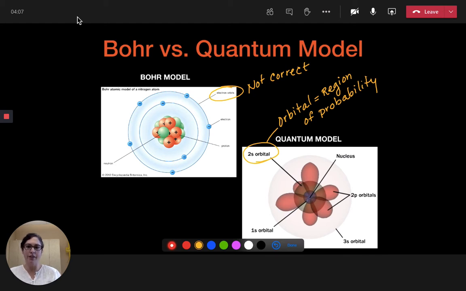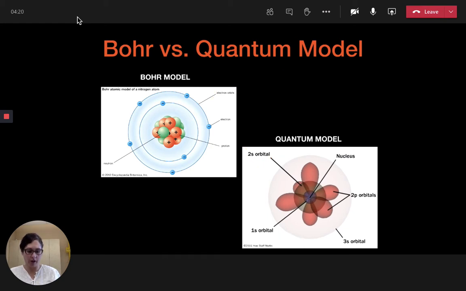Now we have different types of orbitals, and with the quantum model there are a lot of different aspects of how these electrons fill in, which we will be working on over the next couple of videos.